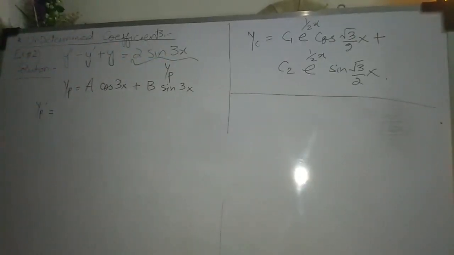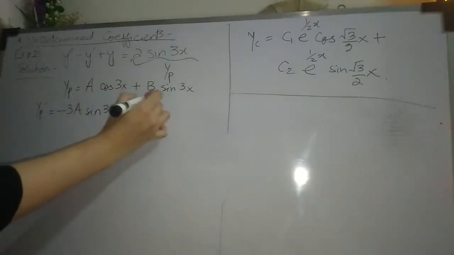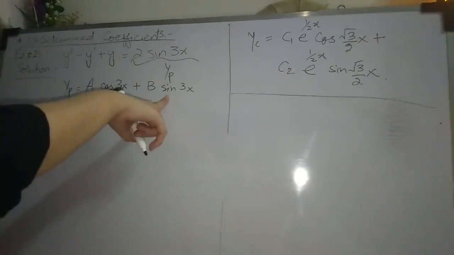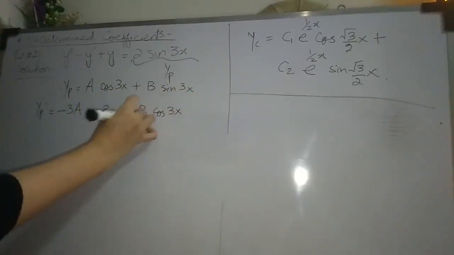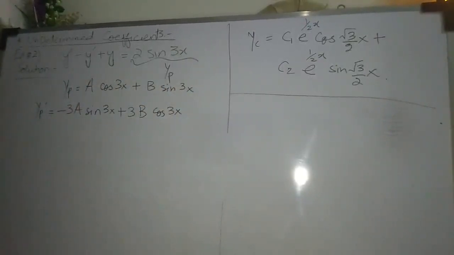Cos 3x has the derivative of minus sine, so that means it is minus a sine, and I have to take the derivative of the angle, which is 3. So that becomes minus 3a sine 3x, and again sine has the derivative cos 3x, and the angle has the derivative 3. So this is the first derivative.